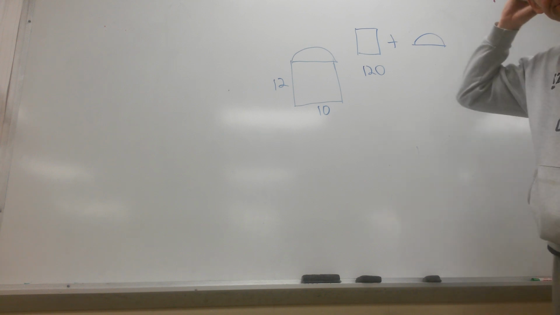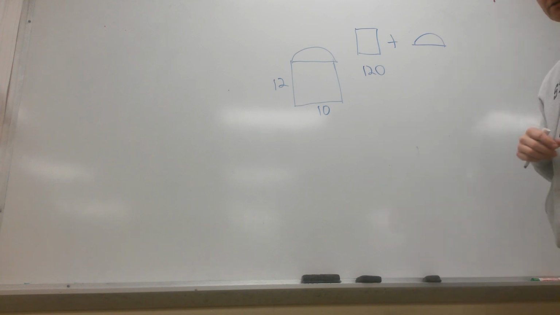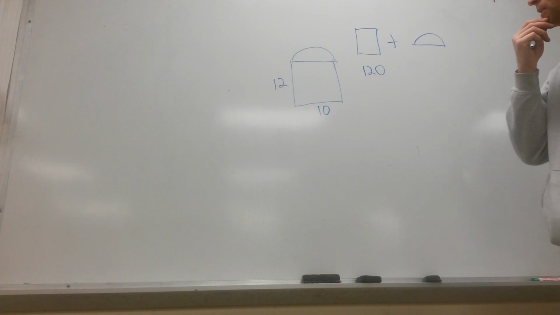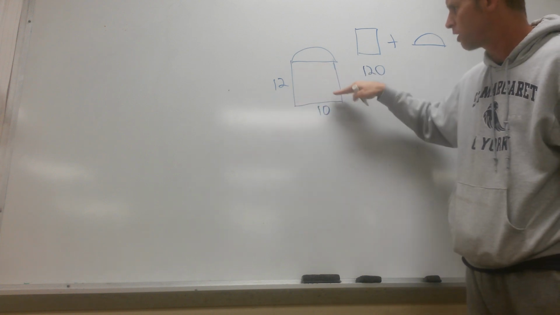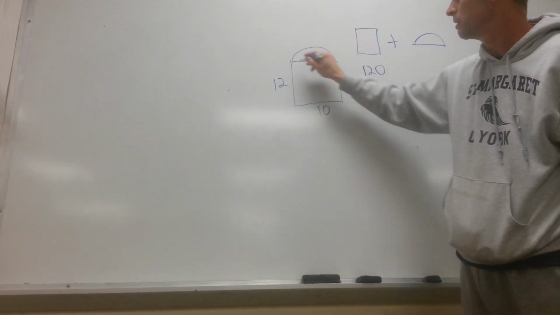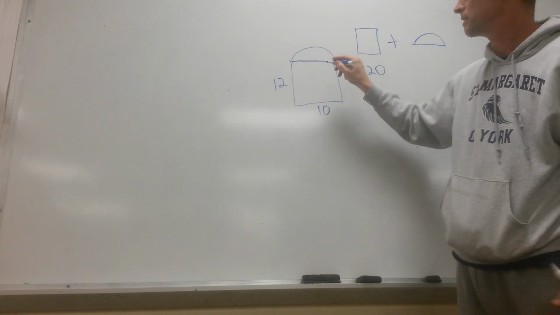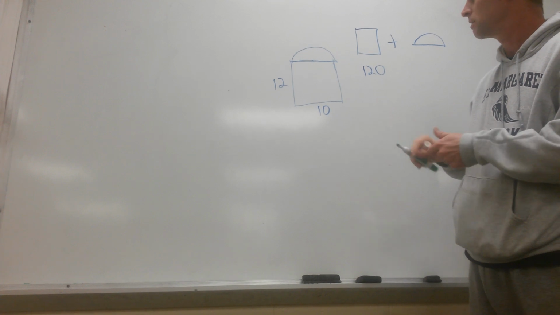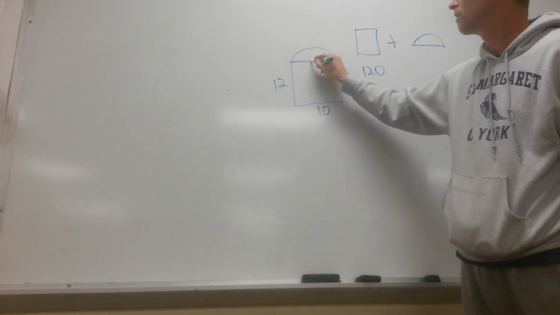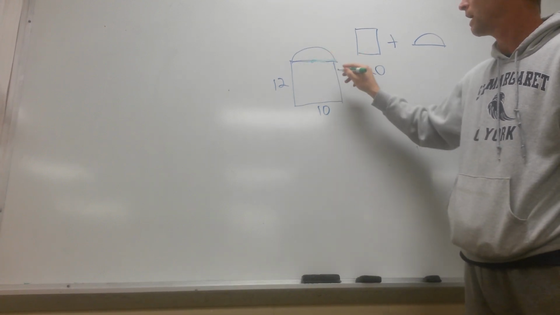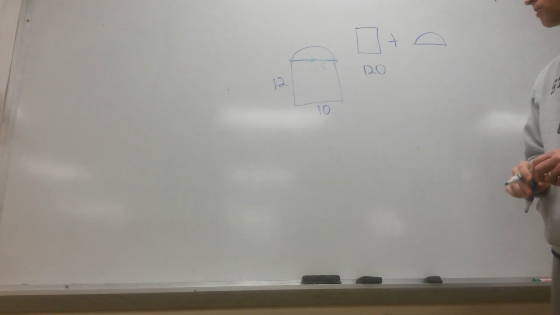How much space does the half circle take up? Well, I don't know the radius. Well, look, this is part of a rectangle and this is right here, so it's 10 across there, which means halfway across would be how many? 5. All right?